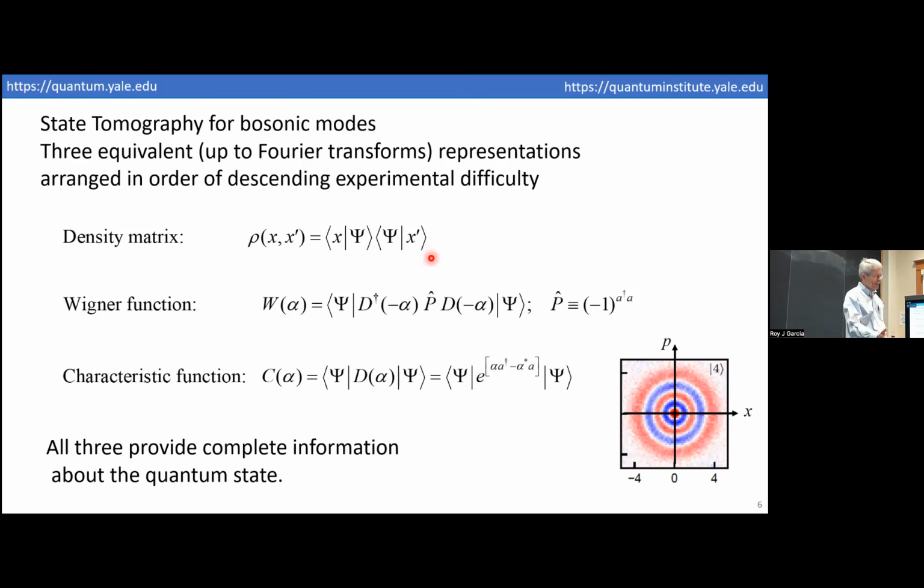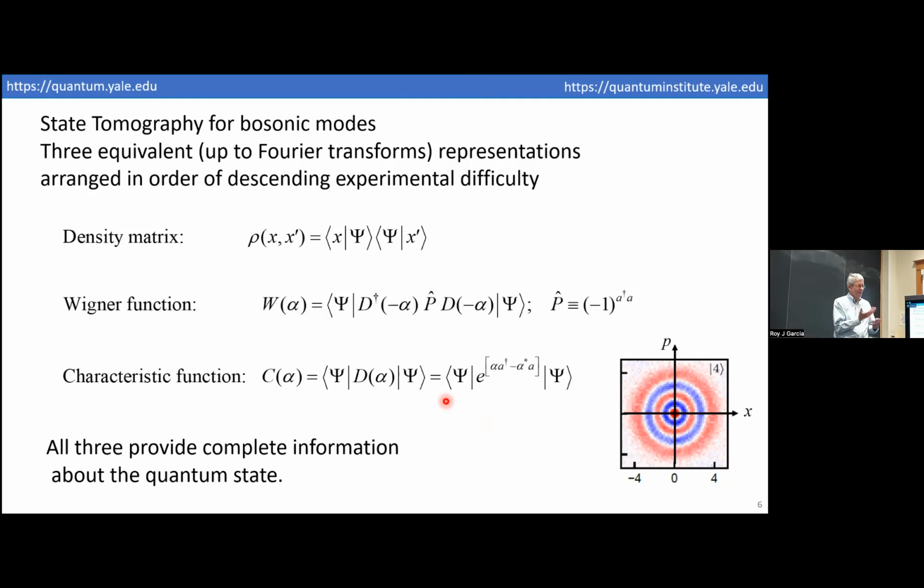And because X and P don't commute, you can't have a classical positive probability distribution. It has to be negative in the most general case. There's another object, which is a different Fourier transform of the density matrix, called the characteristic function. And it's particularly easy for us to evaluate also. So you have a state, you displace it in phase space by a distance alpha, that's this displacement operator, and then you take the overlap of the displaced state with the original state.